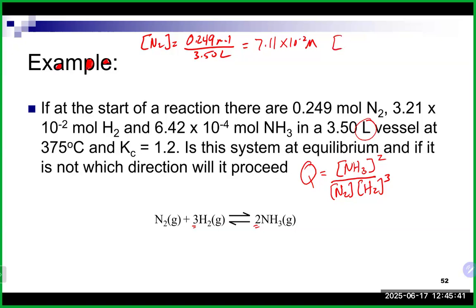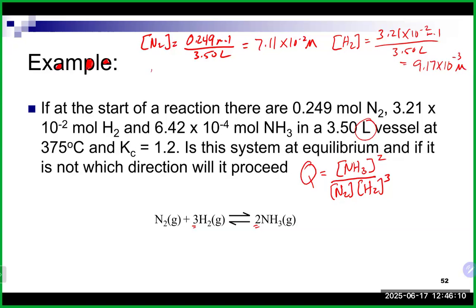We'll do it for our H2. There it is. And that is 3.21 times 10 to the minus 2 moles divided by our volume of 3.5 liters. That's going to get us here. Looks like 9.17 times 10 to the minus 3 molar.